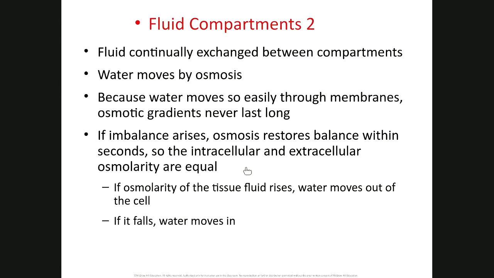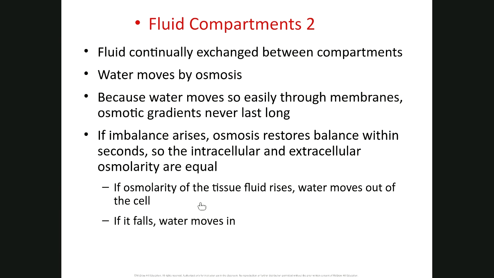Fluid continuously exchanges between the compartments, and water moves from where there's a high amount to where it's lower in amount. It's attracted to go towards a lower level, and you call that osmosis. If imbalances arise, osmosis restores the balance, and the intracellular and extracellular osmolarity are equal.